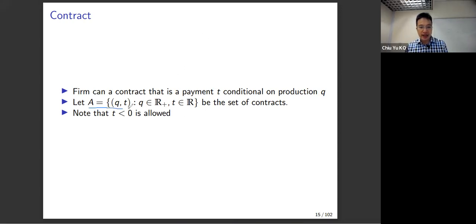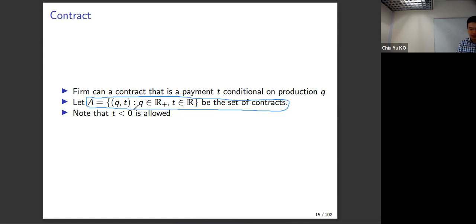What is the set of contracts I allow? In this model, I just allow the contract to be a payment based on production quantity, which is very natural here. I allow any form, even negative T. I have a very flexible contract.